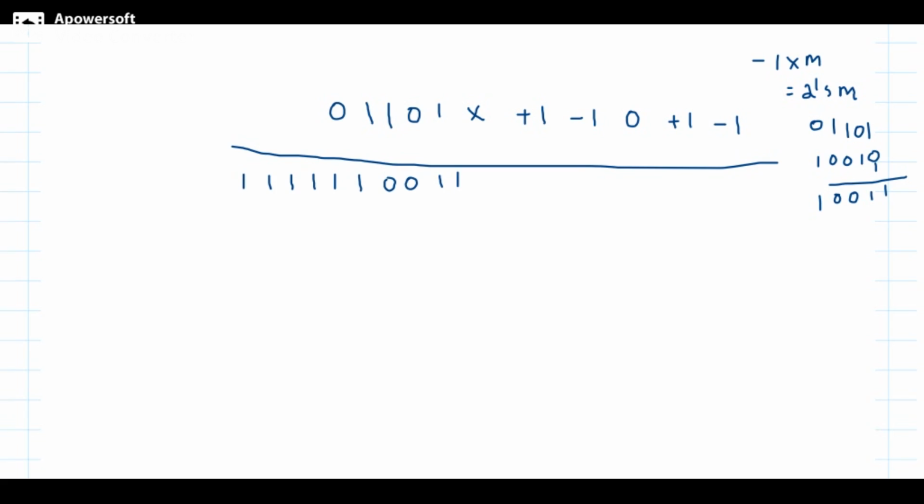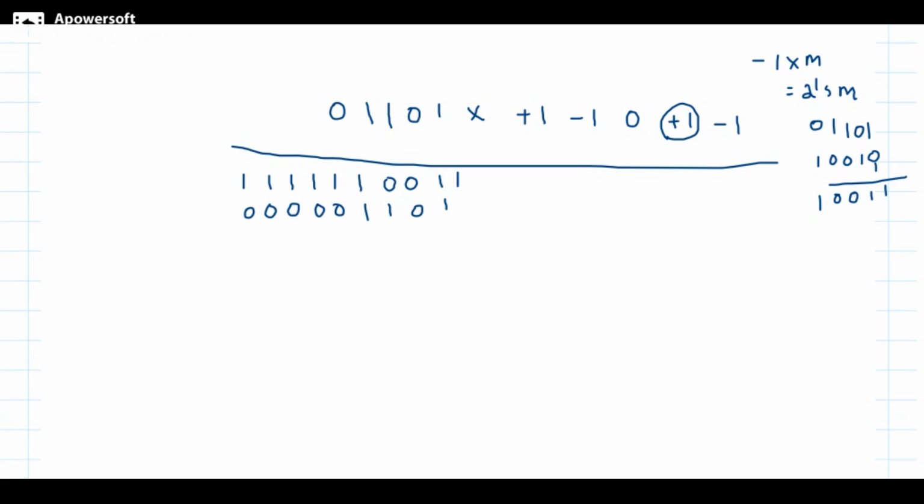Next we have to compute plus 1 into m, that is 1 into 0, 1, 1, 0, 1, and we have to consider the sign extension as 0.